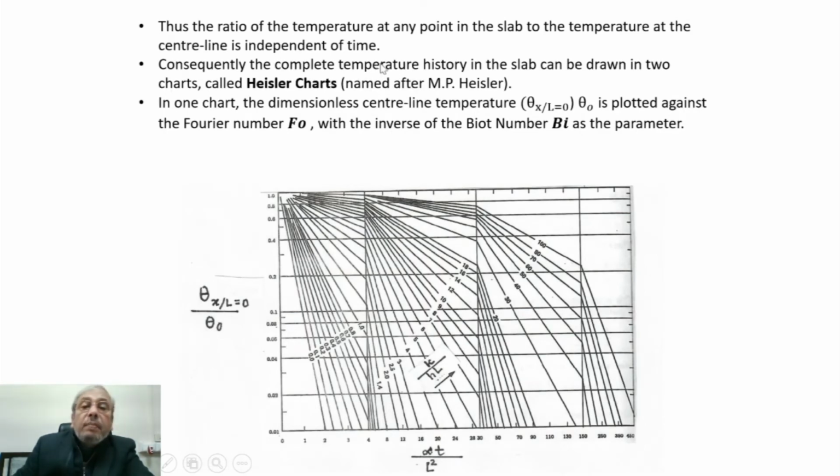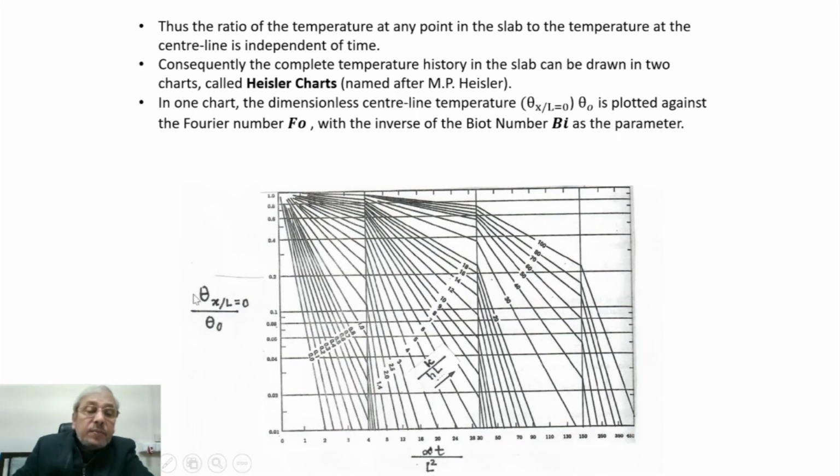Consequently, the complete temperature history in the slab can be drawn into two charts. These two charts are called Heisler charts, named after the well-known scientist M.P. Heisler. In one chart, the dimensionless centerline temperature is plotted against the Fourier number with the inverse of the Bi number as the parameter.